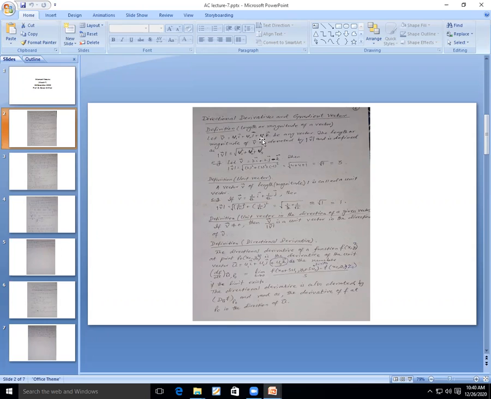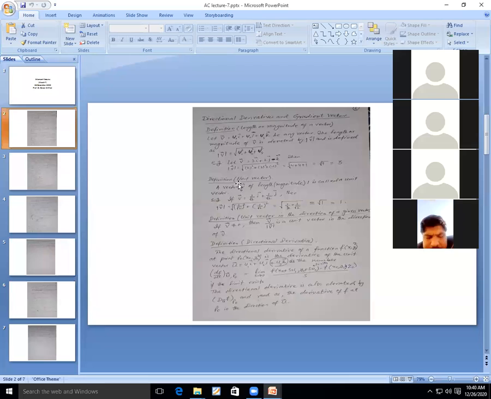If you remove this third component, you get a vector in 2-dimensional space. In that case, the magnitude of V will be square root of V1 square plus V2 square. So in this way, we define the magnitude of a vector, where V1, V2, V3 are the components of the vector along i, j, and k.